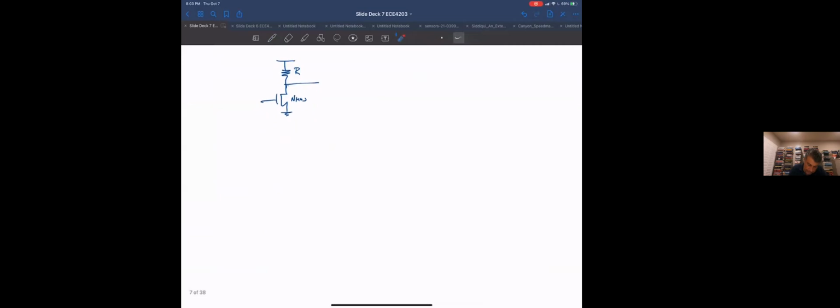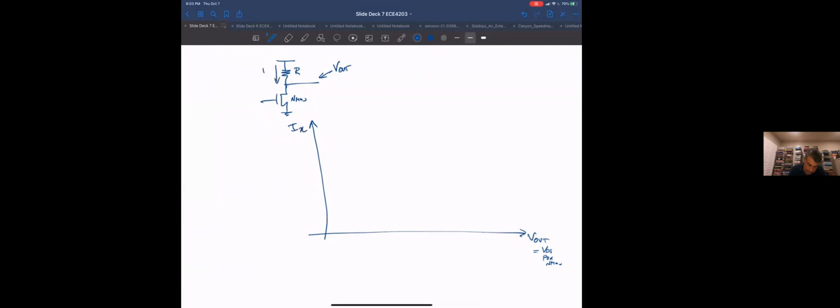So one thing we could do is to draw the various curves. This axis is VDS, or let's call it V out, which in this case is the same as VDS for the NMOS. And this is the current, which I'm going to call IX.